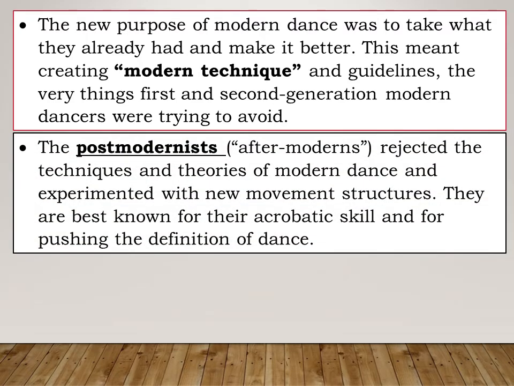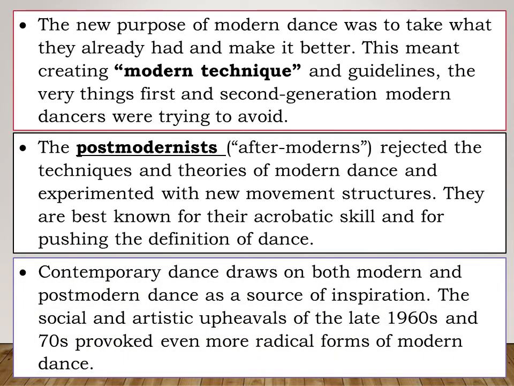The postmodernists, or after-moderns, rejected the techniques and theories of modern dance and experimented with new movement structures. They are best known for their acrobatic skill and for pushing the definition of dance. Contemporary dance draws on both modern and postmodern dance as a source of inspiration. The social and artistic upheavals of the late 1960s and 70s provoked even more radical forms of modern dance.